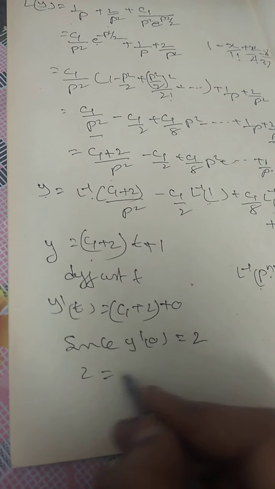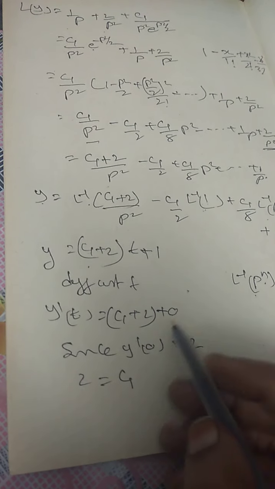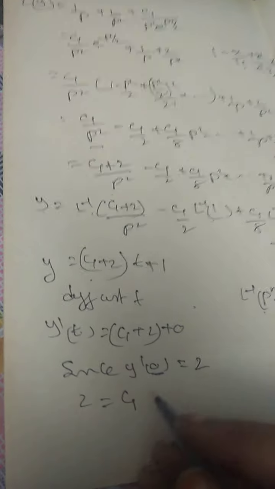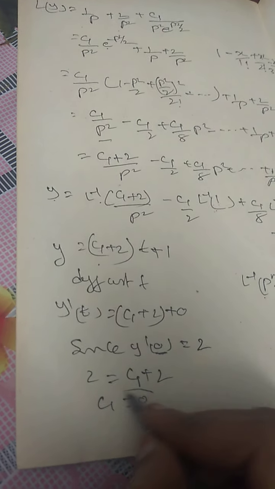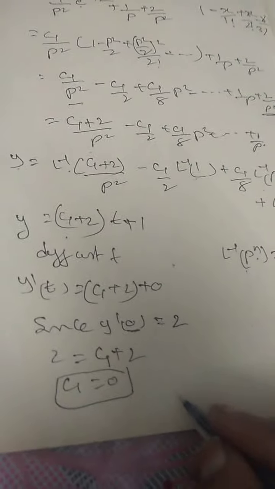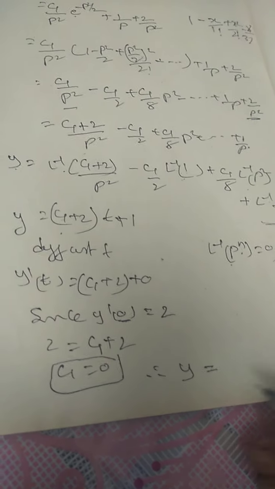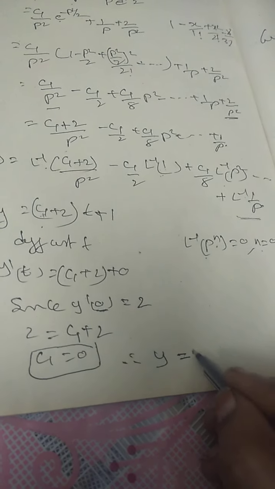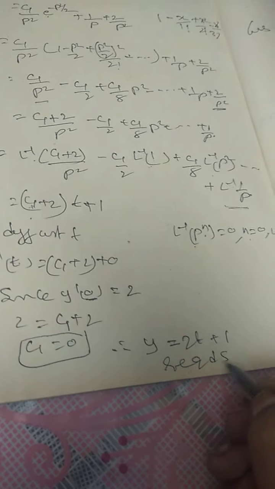So 2 is equal to c1 plus 2, so c1 is equal to 0 here. So finally the required solution is, c1 here is 0, so y is equal to 2t plus 1. This is the required solution.